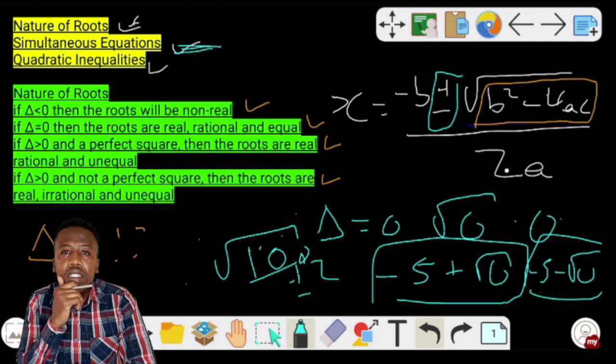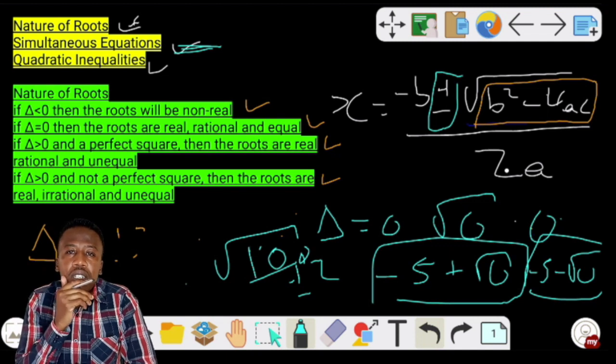Now in these cases, you get two unknown variables that you need to solve, right? You need to solve both of them. We solve these cases either algebraically or using graphs.